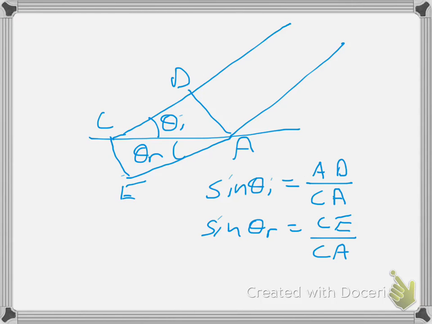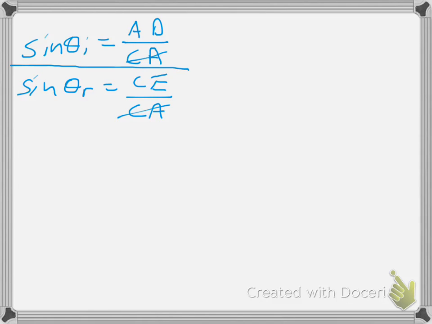If we divide this equation, sine theta incident over sine theta refracted, we cancel CA, and we're left with sine theta incident over sine theta refracted equals AD over CE. I'm going to copy that, go to the next page, and paste it right there.